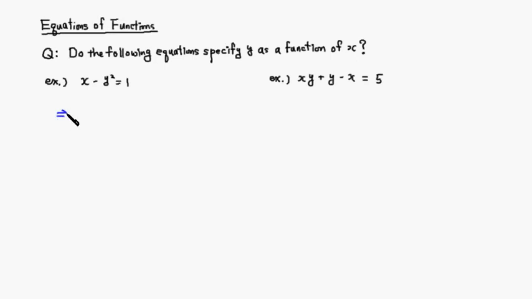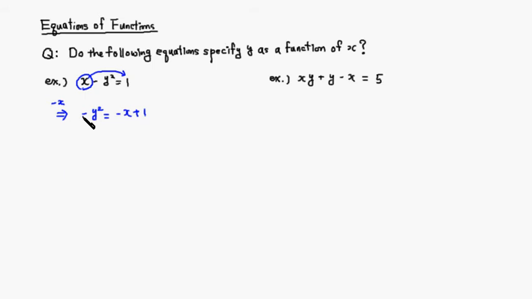In order to check that, I'm going to just isolate y from this equation. First, I'm going to move x to the other side. We can do that by subtracting x from both sides. So we get negative y squared is equal to negative x plus 1, because 1 was already there.